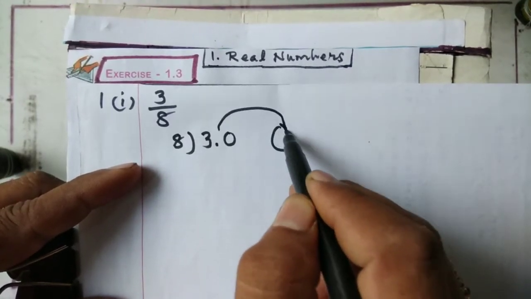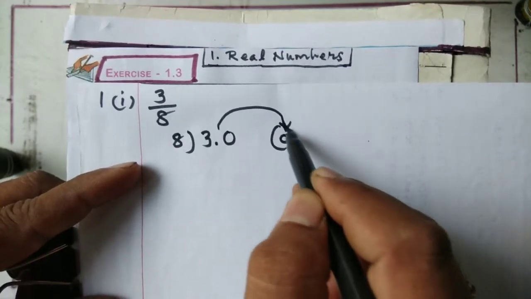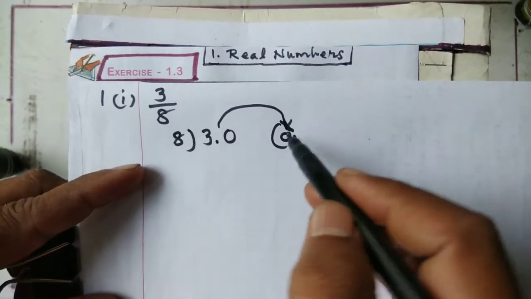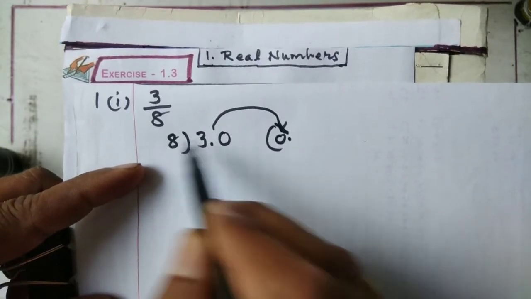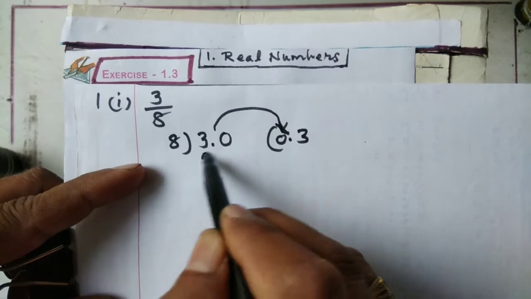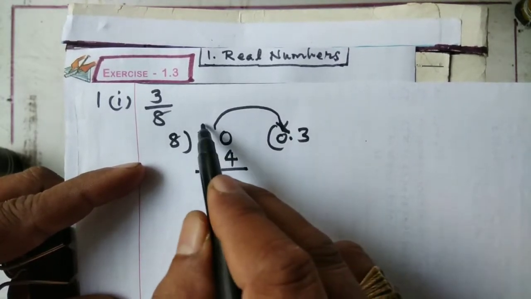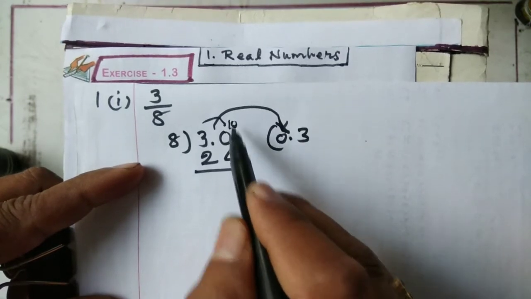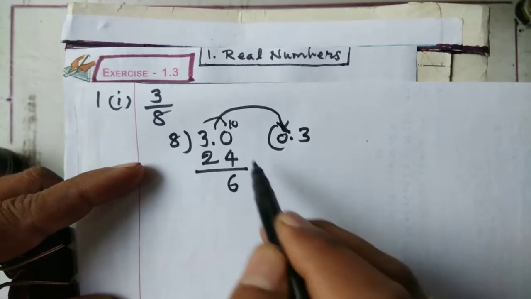We have to place this decimal point in quotient. So here we have 30 now. 8 3s are 24. 10 minus 4, 6, 2 minus 2, 0.